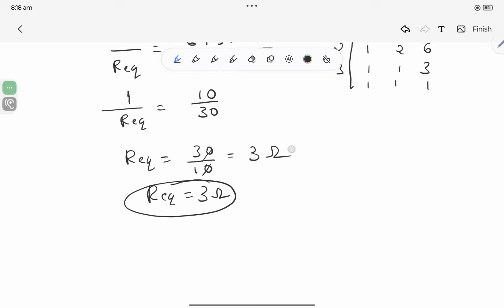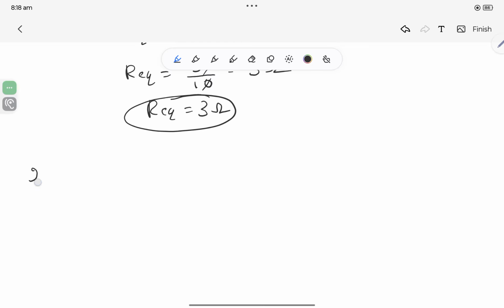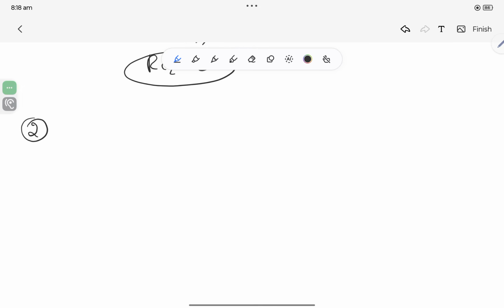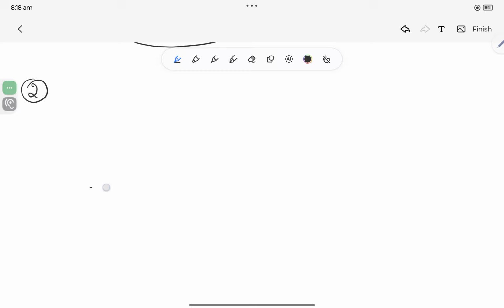Let us solve some more questions. Second question of today's class. Here the resistors are connected in this way. This is the battery.